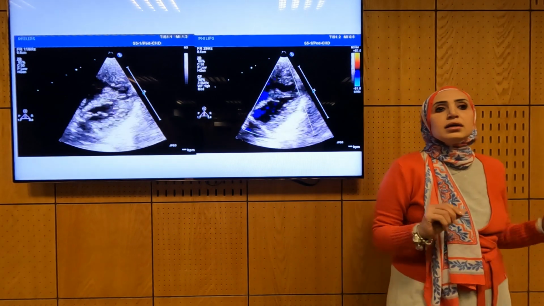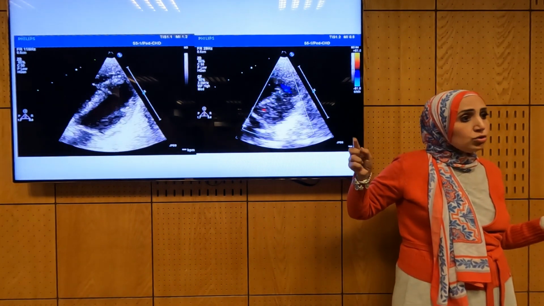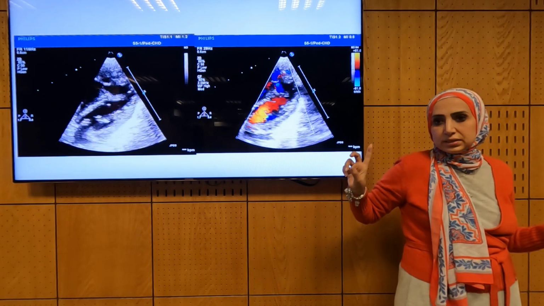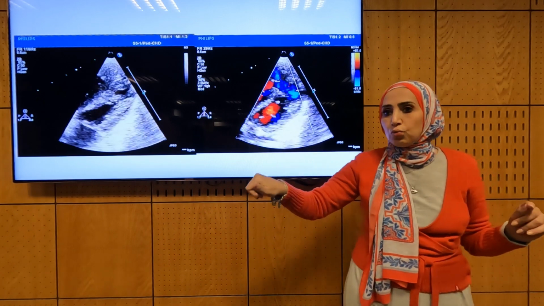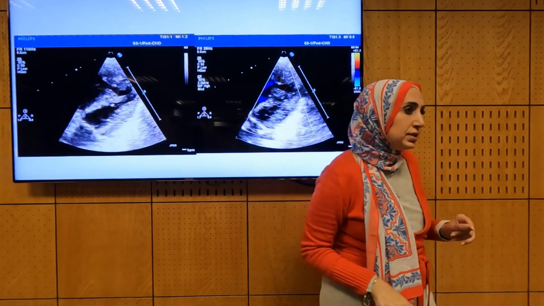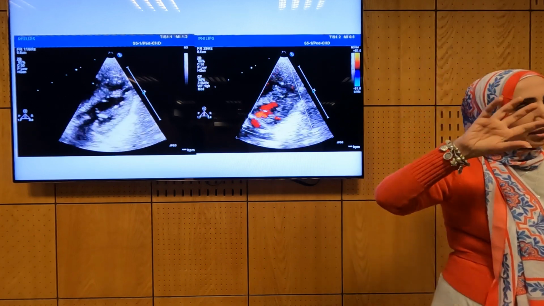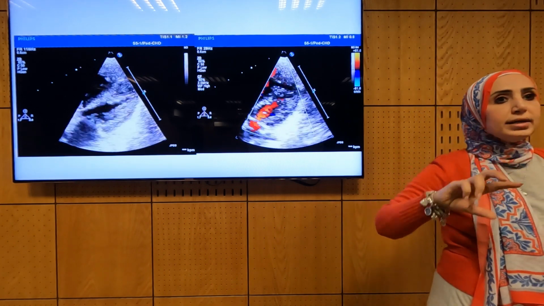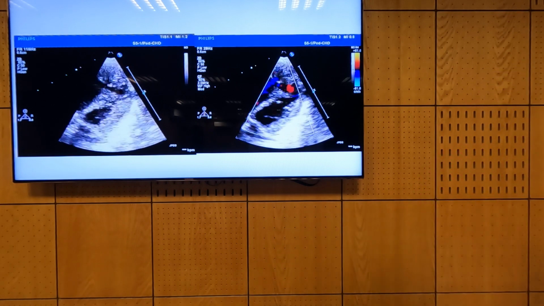As I said, each one of the previous VSDs is usually a single isolated VSD. So we have one premembranous, one subarterial, one inlet. But in the muscular VSD, because the septum is a complex, curved structure, it's very easy to miss another VSD. Okay.